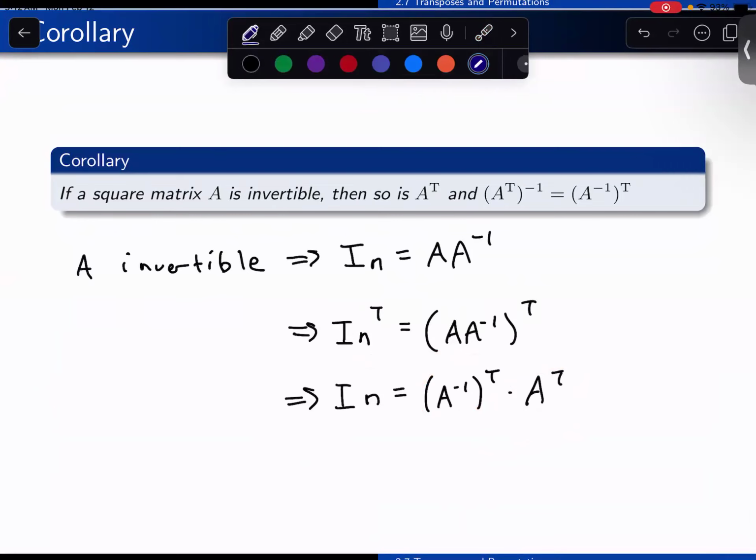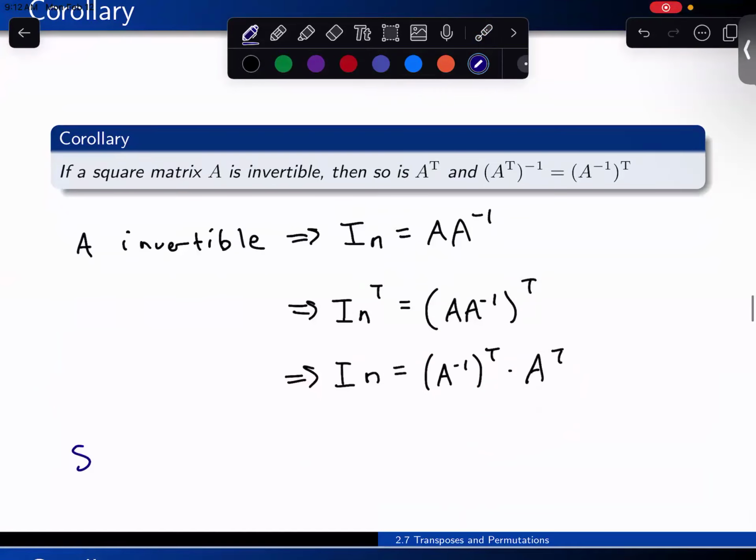And then similarly, if you just switch the order of this initial multiplication, if you did A inverse times A, you would also get that the identity is equal to A transposed times A inverse transposed.